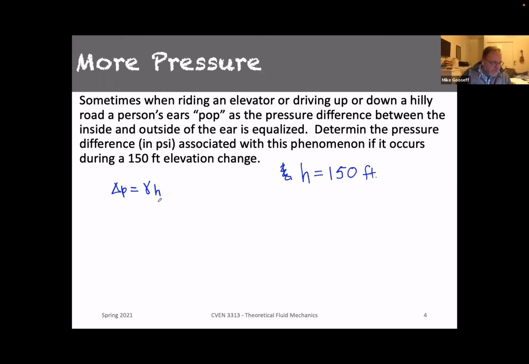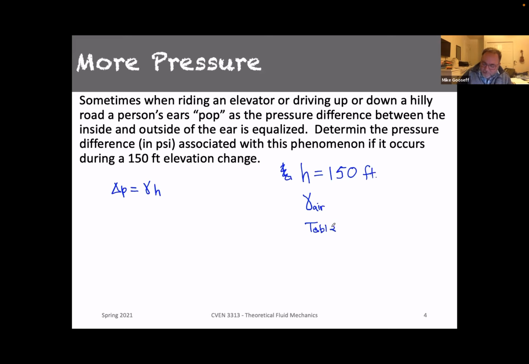Now, this gamma we're actually going to use, remember the fluid that we are in is the air. For these first couple of problems, I'm indicating the tables where you can find these in your book, in your ebook.